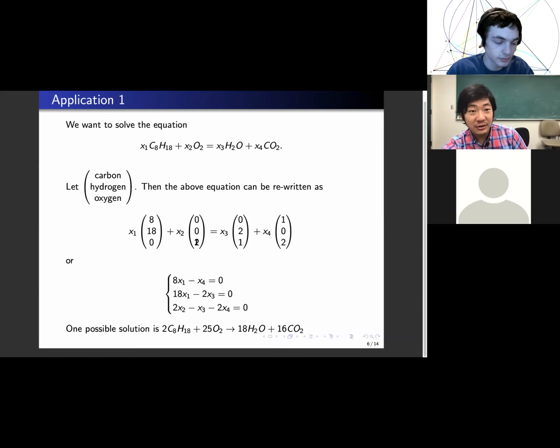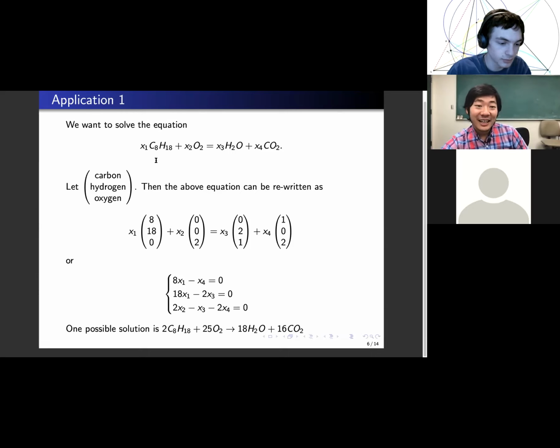And so to answer the question of how many molecules of carbon dioxide come out from 1 octane, well, 2 octane gives you 16 carbon dioxide. So it looks like for every molecule of octane, it spits out 8 units of carbon dioxide. So not good.